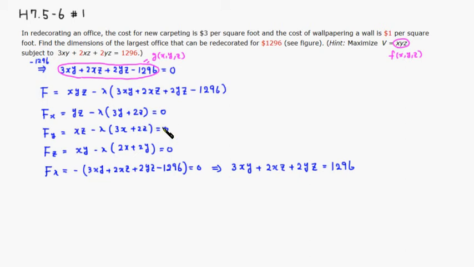Alright, so here I'm going to solve for lambda, so you can see that the lambda is equal to this guy divided by that, so it's yz over 3y plus 2z, right? Then what I'm going to do is I'm going to plug this guy, kind of ugly, into here, in the second equation, right?